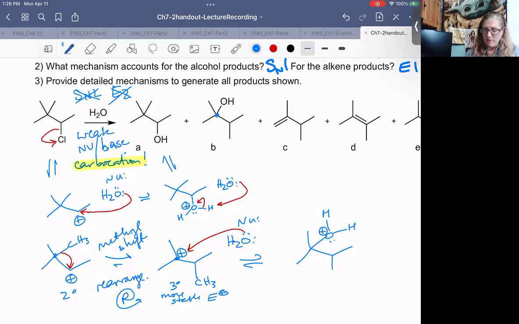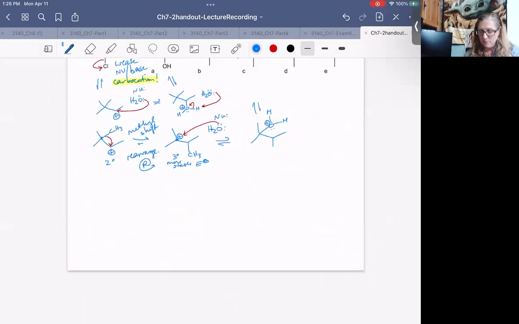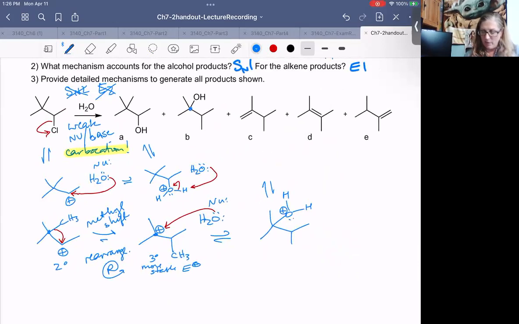And so the way I get to my final product, to get to B, let me see how much room I have here. Am I doing okay? I'll go this way. To get to B is to deprotonate the oxygen to get a neutral oxygen.